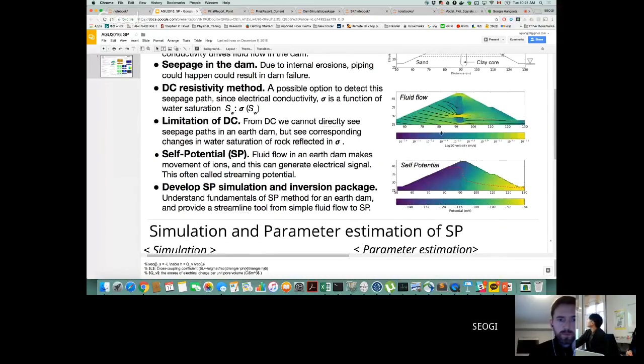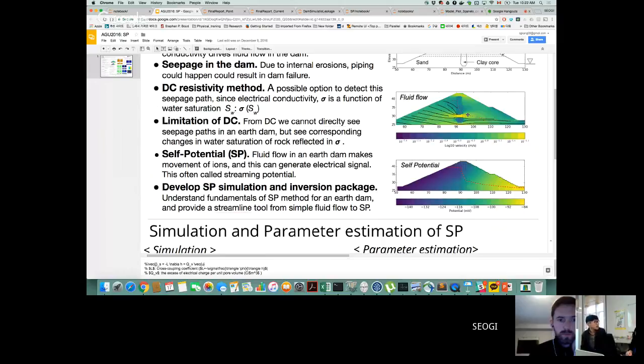For instance, if you have a leakage here, the only change you can see is this water height difference, because that changes the water saturation. But sometimes the water is fully saturated, and it doesn't let you know how fast it moves. So how much leakage you have is hard to see from the DC problem. If you want to see it with the DC problem, you need a huge leakage.